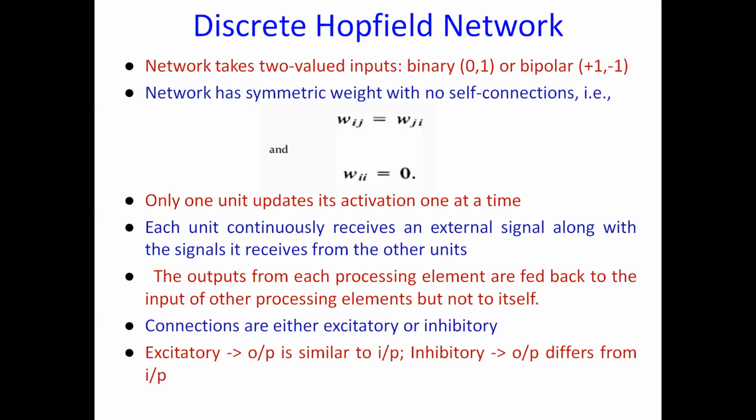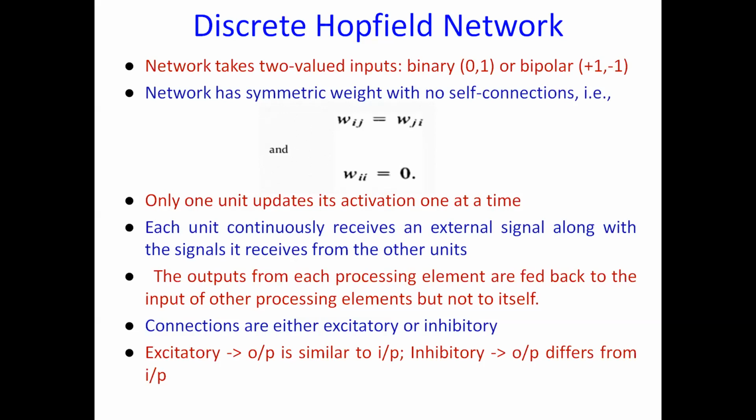In this network, you can see that it has symmetric weights with no self connections. That means it has no self loop. But obviously, it will have a kind of recurrent connection or feedback path. So how does this path form?